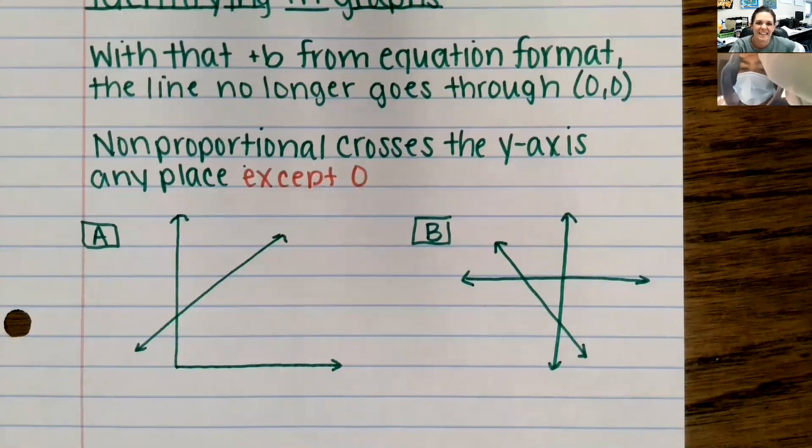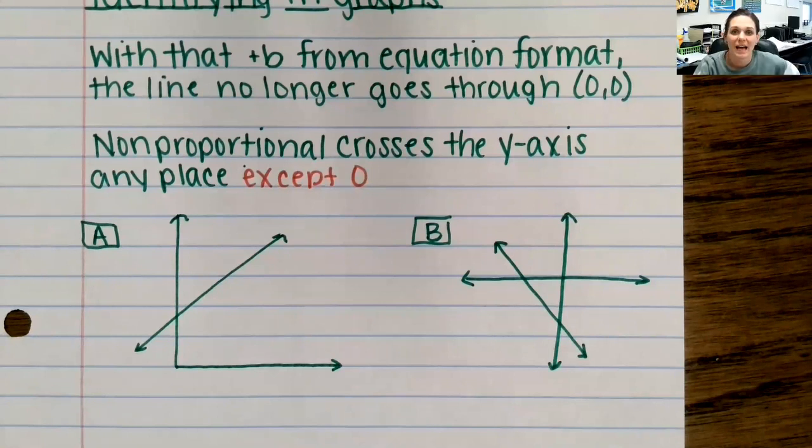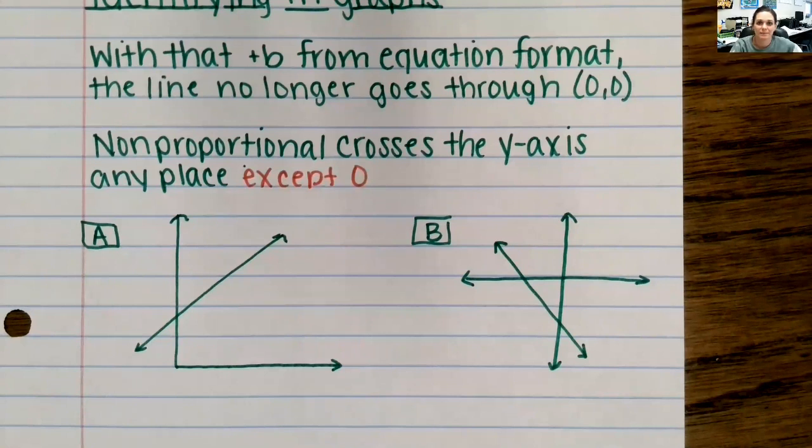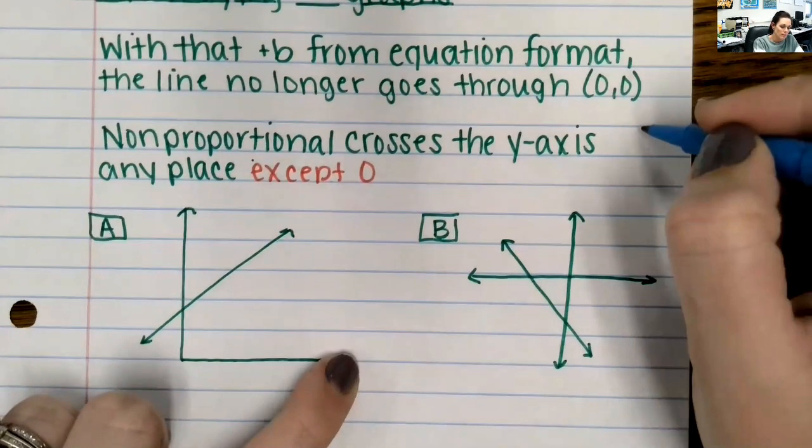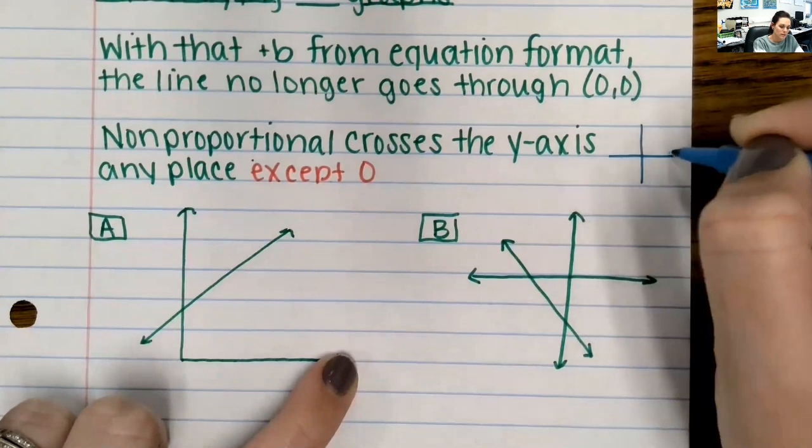Yeah. All right. Does anybody need more time writing? All right. So when we do these, as Mrs. Rios was trying to describe, we're focusing in on the y-axis. I'm going to draw in my notes one of these coordinate planes.